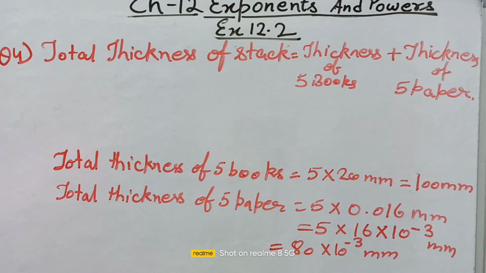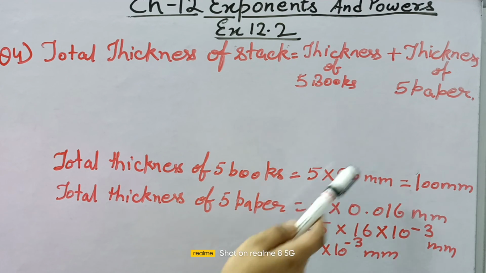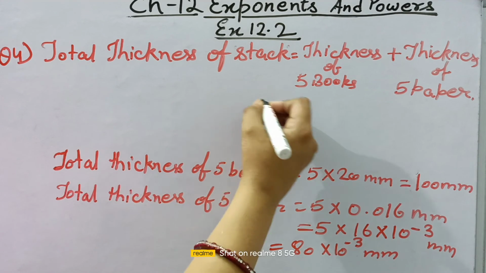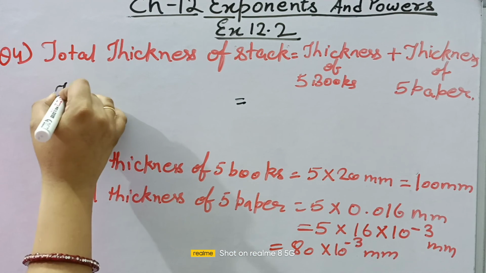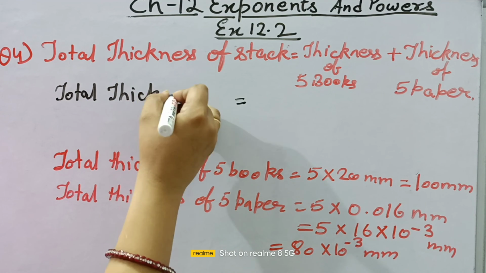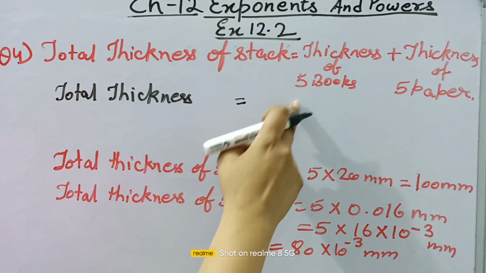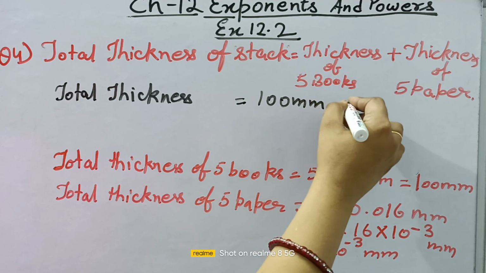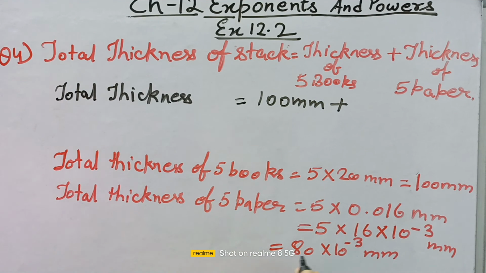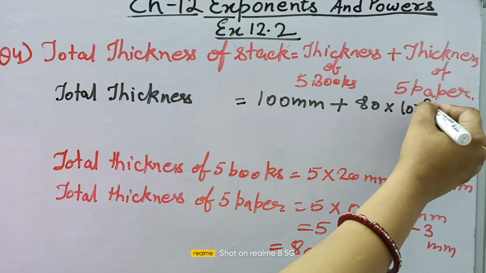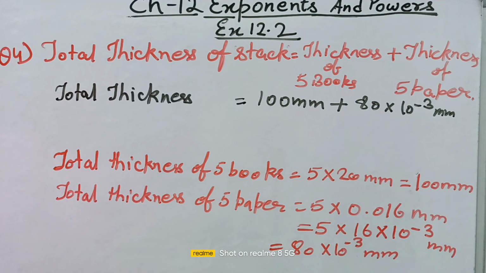And we know what is the thickness of 5 books and what is the thickness of 5 paper sheets. So we will write them directly. This is total thickness, which is equal to thickness of books. This is 100 millimeter plus thickness of paper sheets 80 multiplied 10 raised to the power minus 3 millimeter.